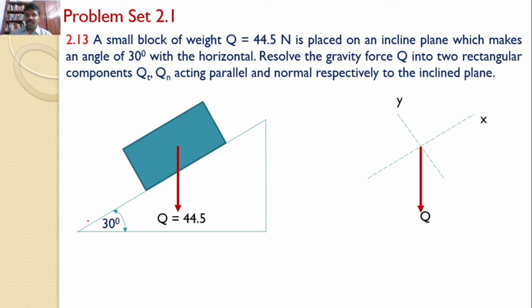And given that Q is equal to 44.5 newtons. Now the most important point of this problem is we need to find the angle between the Q and either x-axis or y-axis. Since this inclined plane makes an angle 30 degrees with the horizontal, Q makes an angle 30 degrees with the perpendicular to that inclined plane.